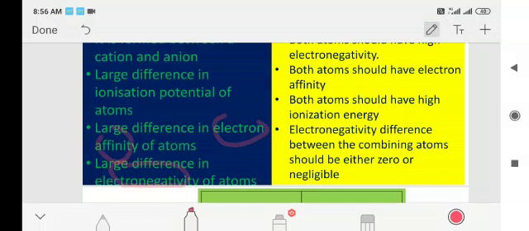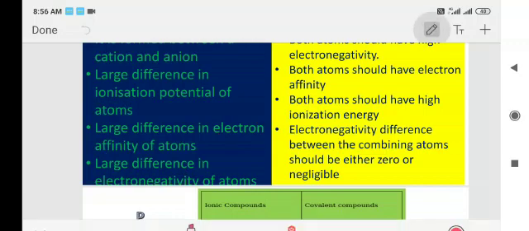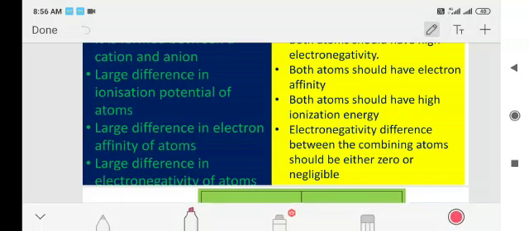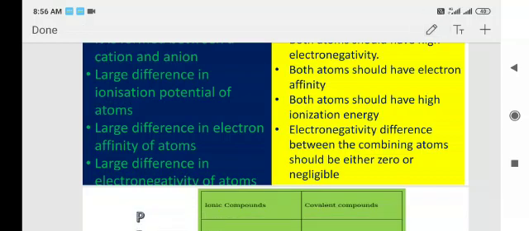The difference should be large. To summarize, for ionization potential, electron affinity and electronegativity, there should be a big difference between the elements. These are the main points you have to remember for the conditions for an ionic bond.